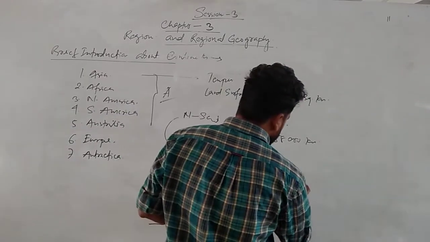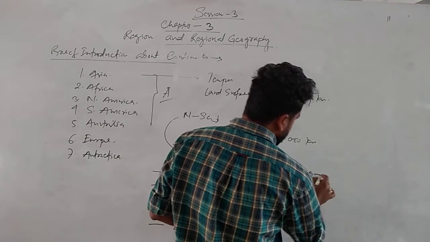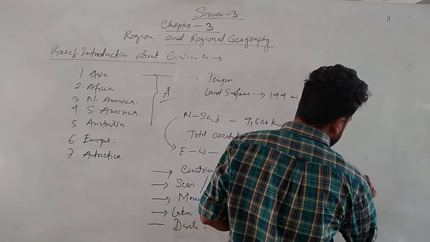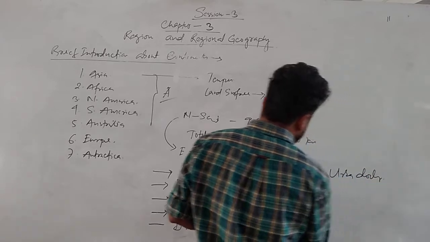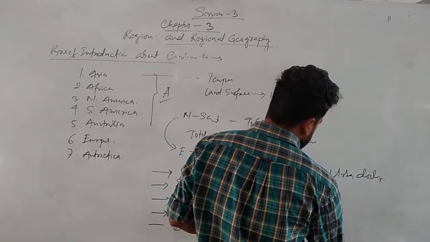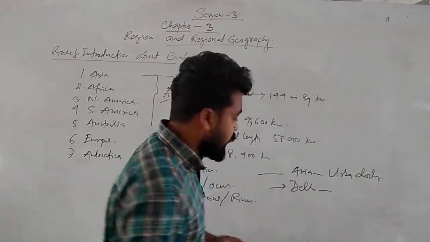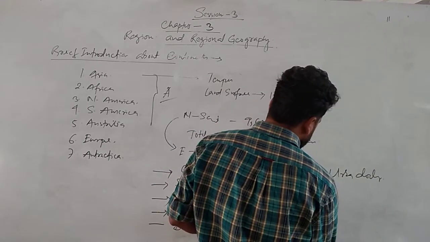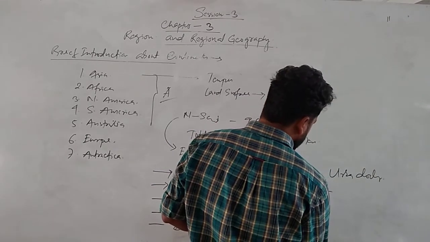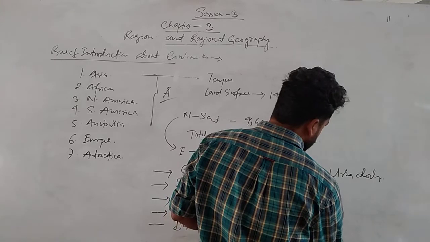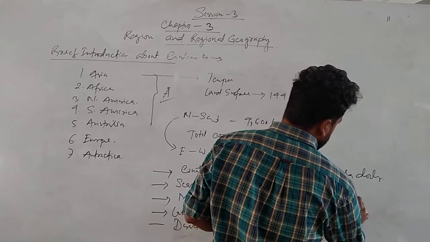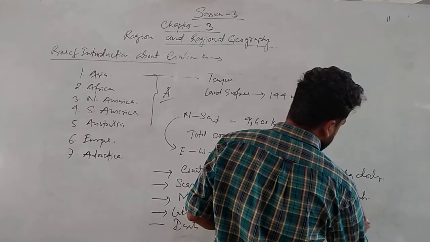Along with this, the people of Asia are generally urban dwellers, and so many important cities are there, like Delhi, the most polluted city. Okay. Next is Hong Kong, Beijing, Seoul, Jakarta, Singapore.